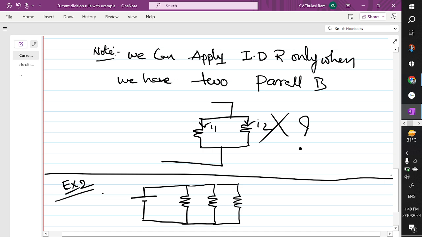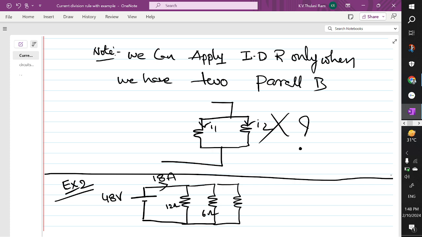The input voltage is 48 volts, which develops a current of 18 amperes, and the given values are 12 ohms, 6 ohms, and 8 ohms. It's already marked in the question.